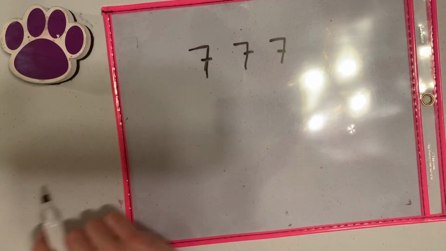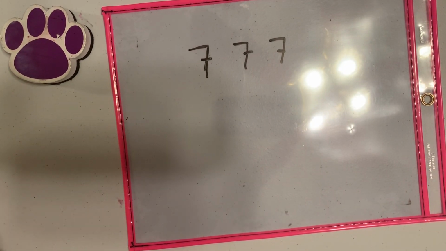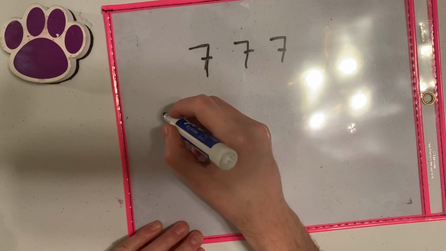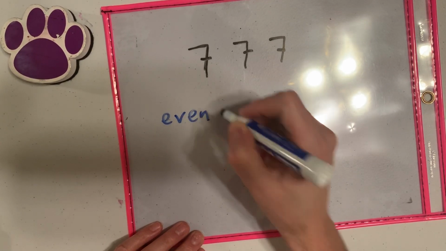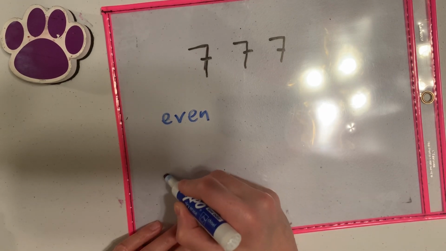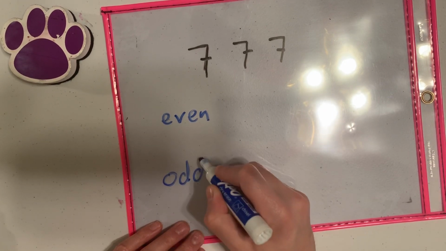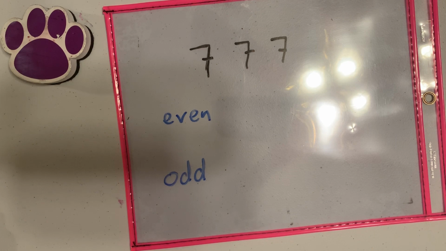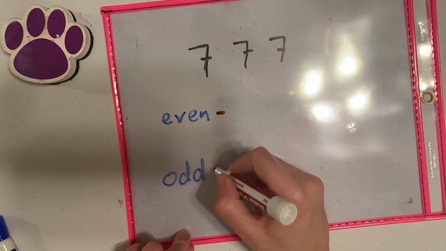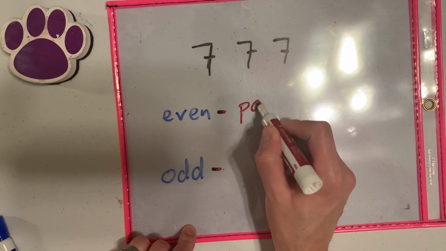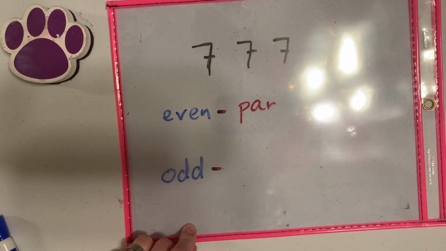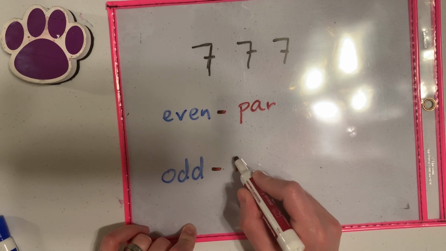Then, with this number, we need to find out if it's an even number or an odd number. In Spanish, even is par, and odd is impar.